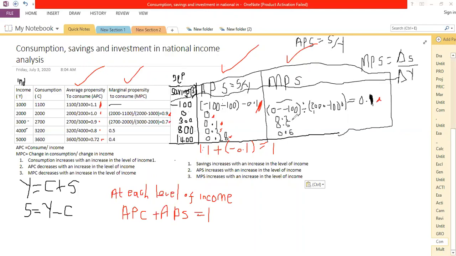0.7, we add it to 0.3. Again, it will give us 1. 0.5 and 0.5 will give us 1. And 0.4 and 0.6 here again will have 1. So the conclusion we can make is that at each level of the income, when we take the marginal propensity to consume and add it to the marginal propensity to save, the result will always be equivalent to 1.